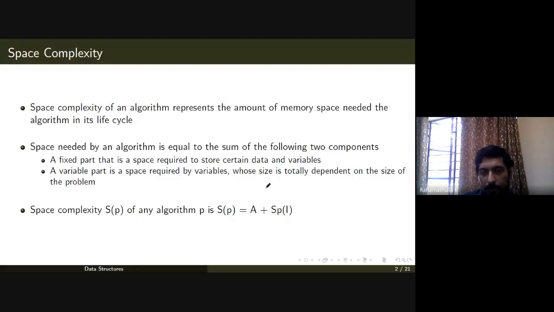So if there is a variable whose size is dynamically allocated, then that sort of variable will be taking space dependent on the size of the problem. So the total space complexity of the algorithm can be defined as S equal to A plus I, where A is the fixed part and I is the variable part.